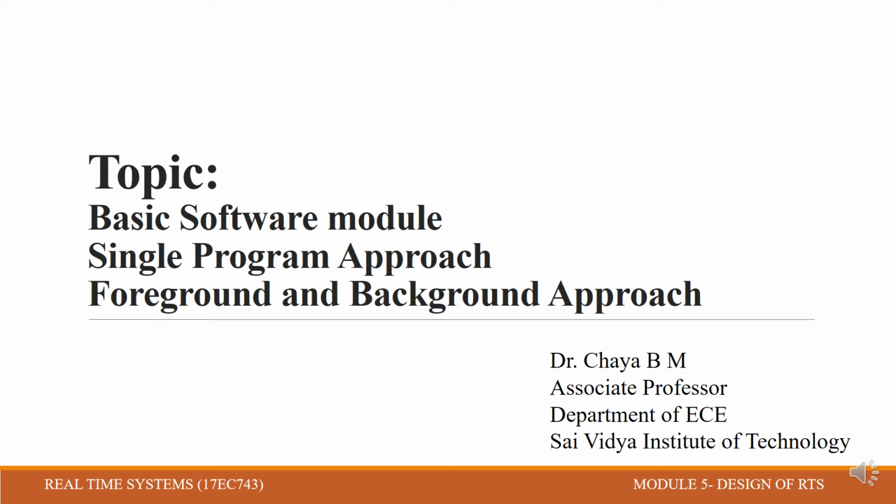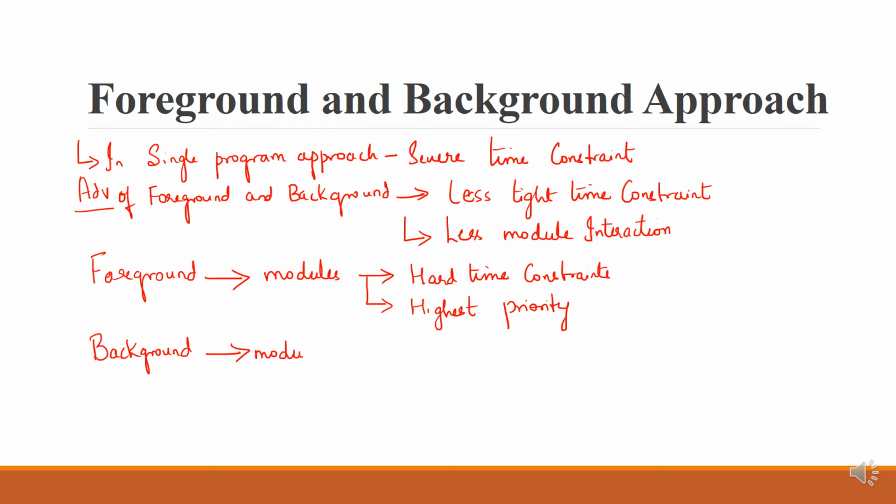What do you mean by background tasks? So background tasks are again modules that run with soft time constraints, and these will have basically the priority less than that of foreground.